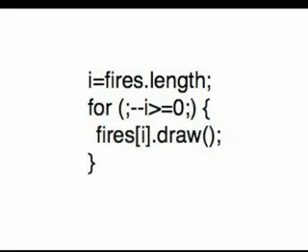You just iterate over the array length and you call the draw method for each of the objects, and it draws the fire at the appropriate location, as was illustrated in the 3-flame video back at the beginning of this lesson.